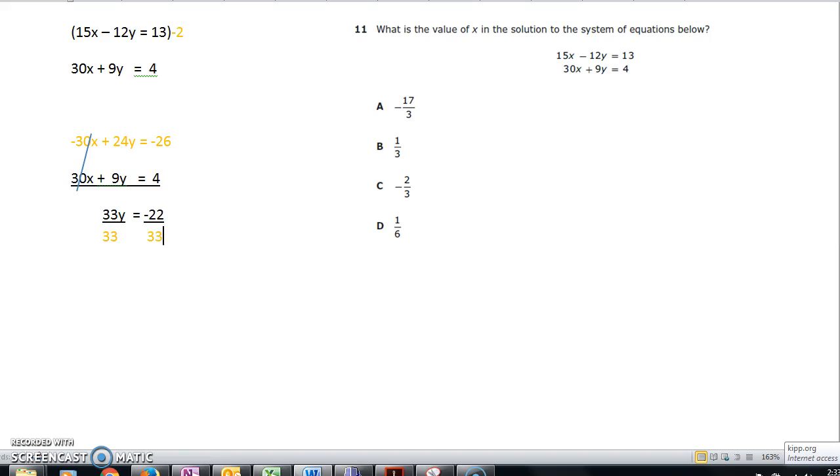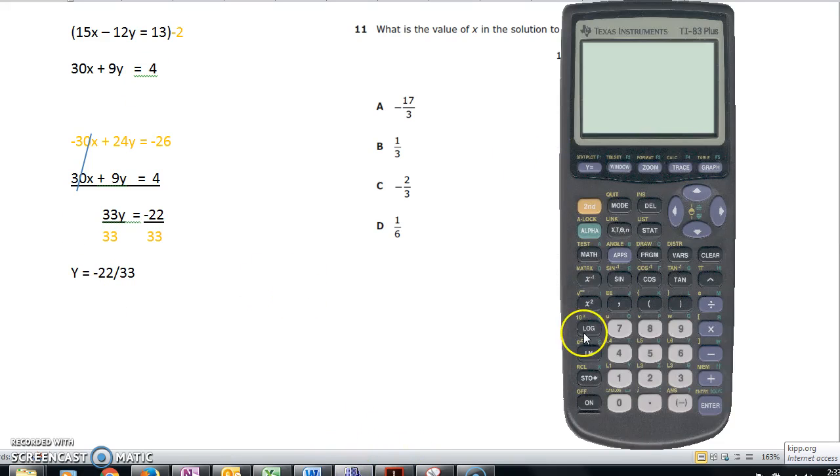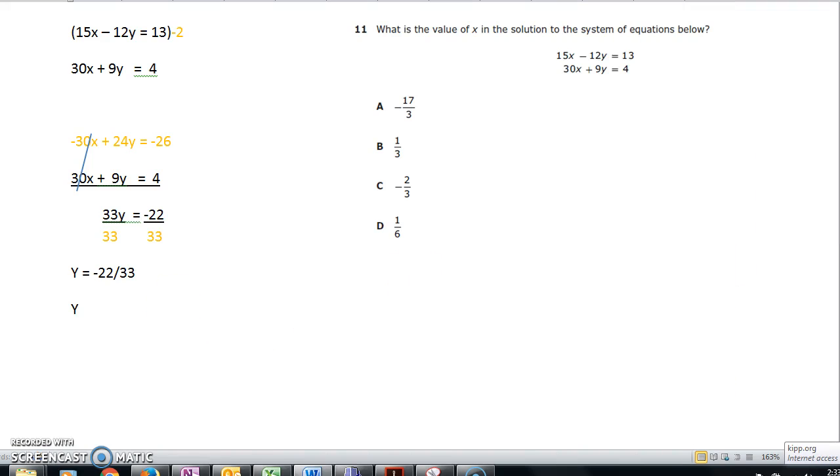Divide this side by 33, and I get y equal to negative 22 over 33. Plug that in the calculator. Negative 22 over 33. I get negative 0.66666. I want that as a fraction. I want it reduced. So I'll go to math, fraction, negative 2/3. So y equals negative 2/3.